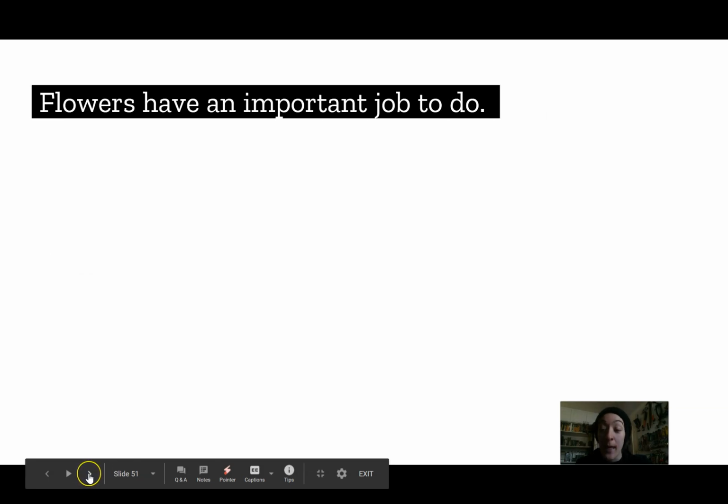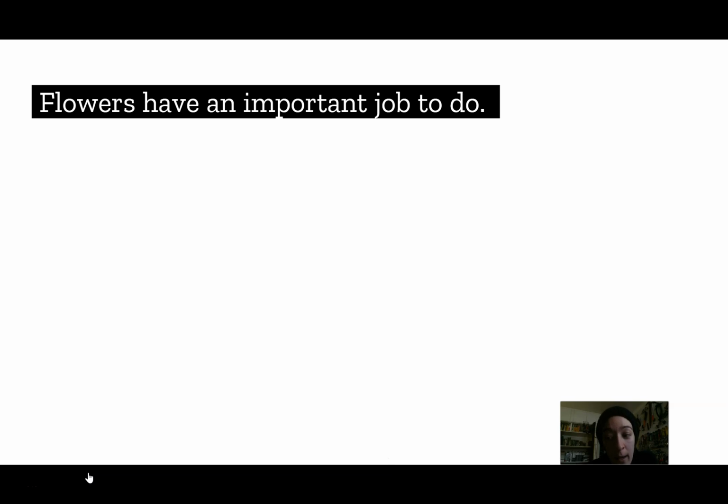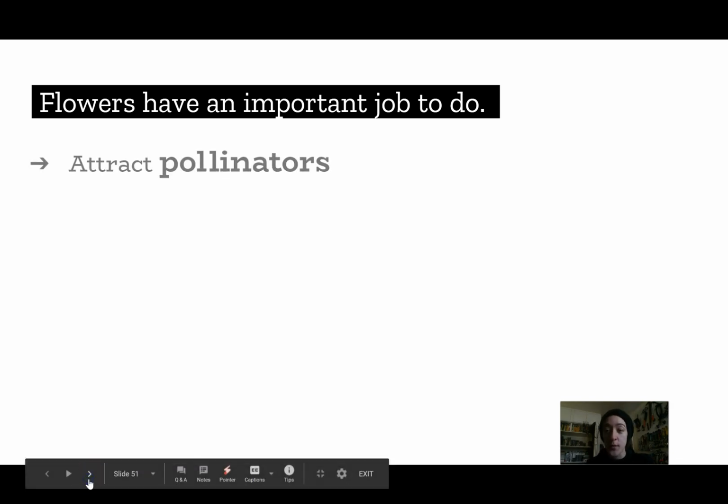Okay, and again, another theme in our lesson today is not only is there lots of variety in each of these stages, but also at every stage, each plant part has an important job to do, right? So the seed has a job, the roots and stem have their job, the leaves have a job, and the flowers also have an important job to do. So their job is to attract pollinators.